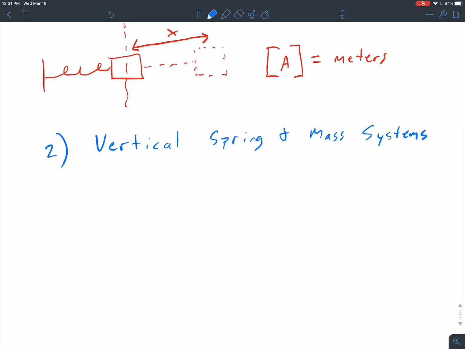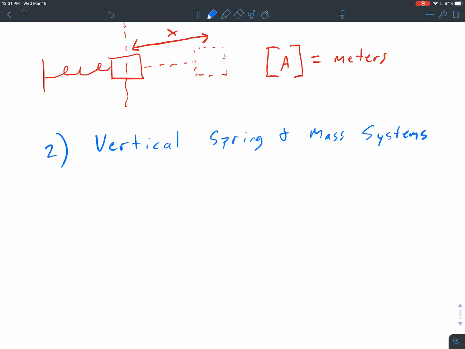Actually, I was looking at the homework for the progress checks, and they have some vertical spring and mass systems on there, but their questions were kind of weird, which is why I didn't assign any of that for homework. I can open it up if y'all want me to. In fact, I probably will go ahead and open it up, but I won't assign anything, just so y'all can take a look.